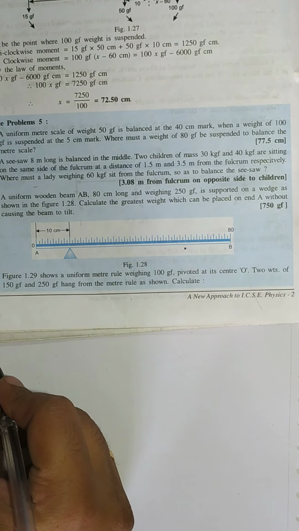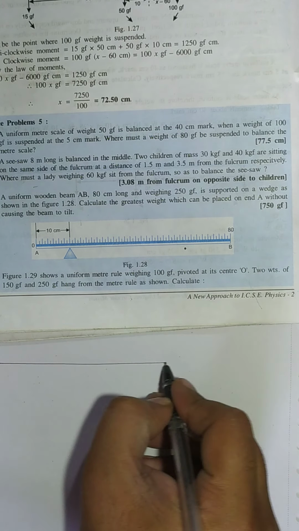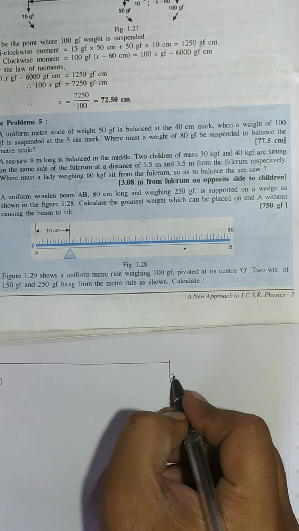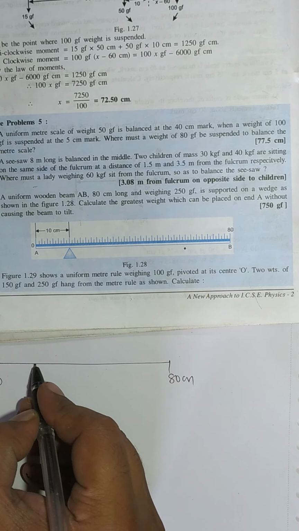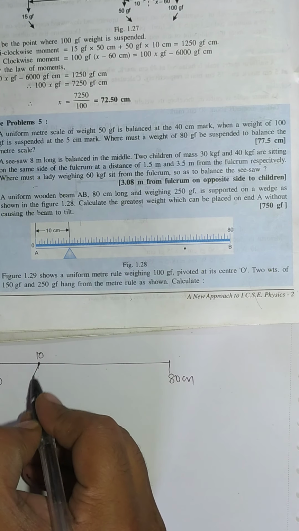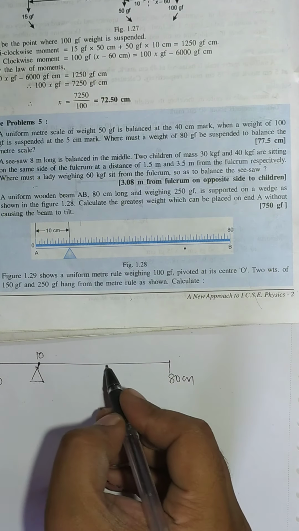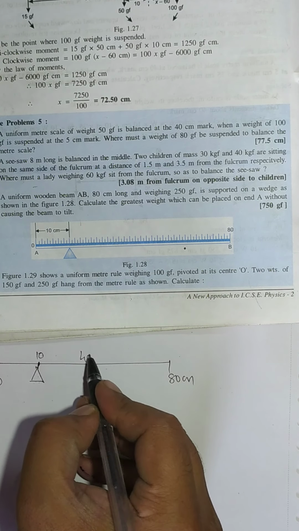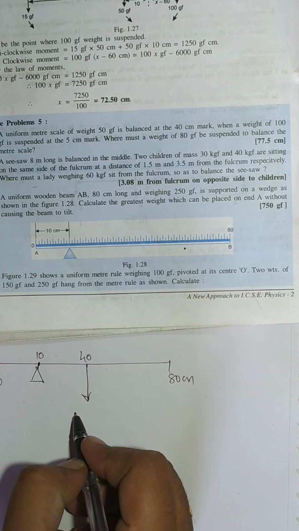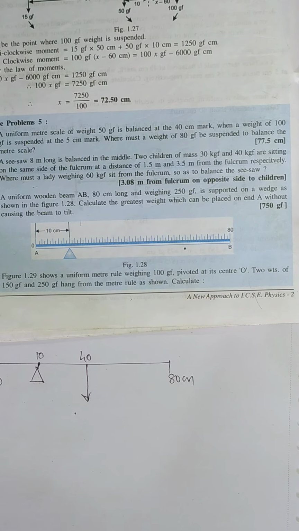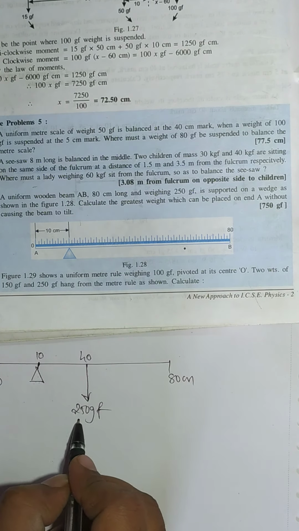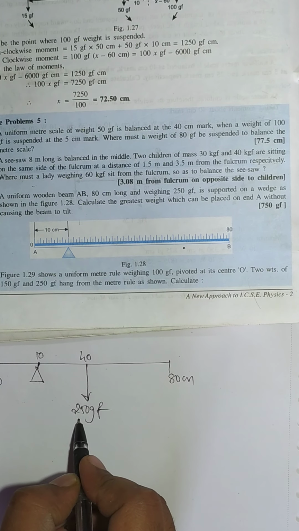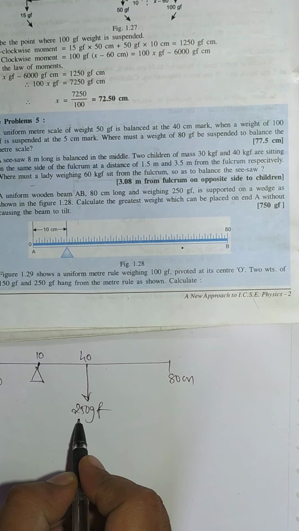So if we draw a 0 to 80 centimeter scale, it's pivoted at the 10 centimeter point. And at the 40 mark the weight of the beam will count. The weight of the beam is 250 GF, which will act in the downward direction at the 40 mark, and it's supported on a wedge as shown in the figure.